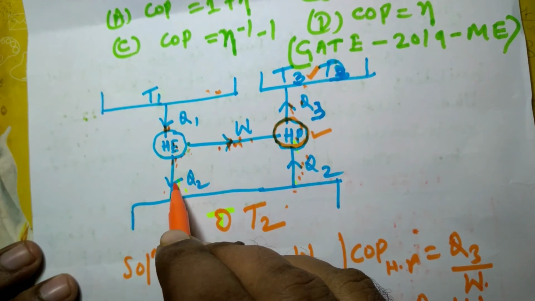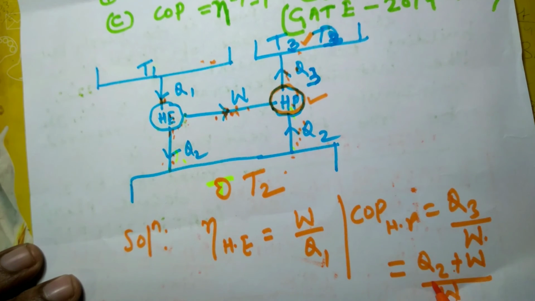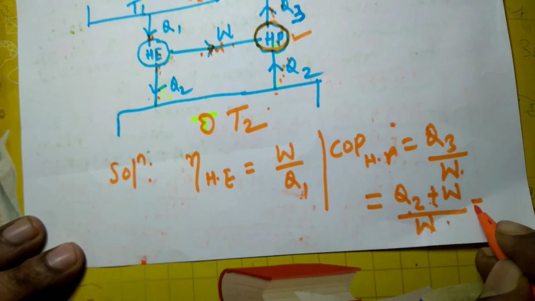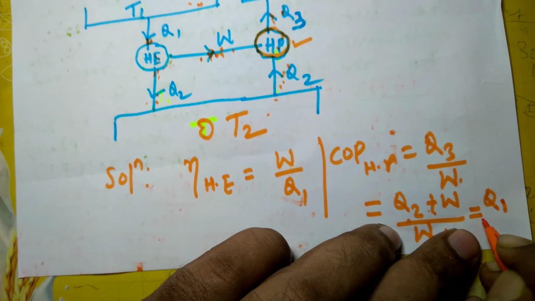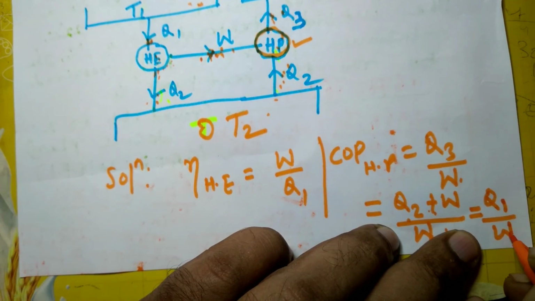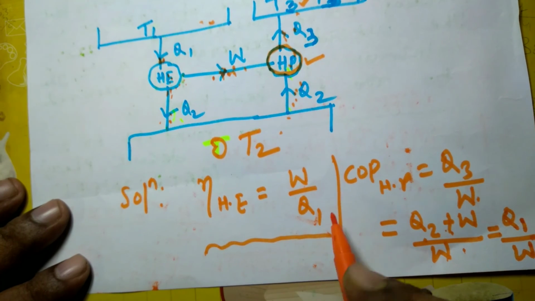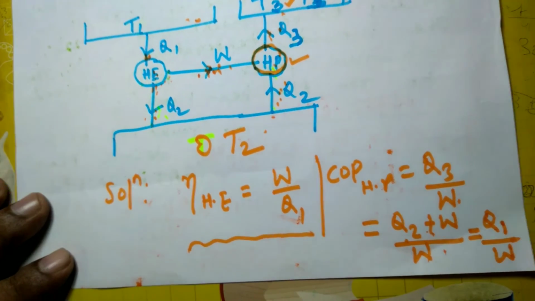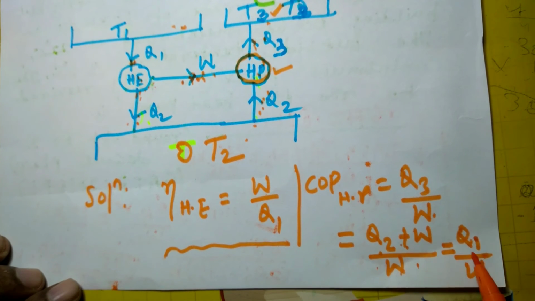So Q1 is equal to Q2 plus W. So in place of Q2 plus W, I can write Q1 also, Q1 by W. So you see, efficiency of heat engine we have calculated is W by Q1, and COP of heat pump is Q1 by W. Where does this come from?